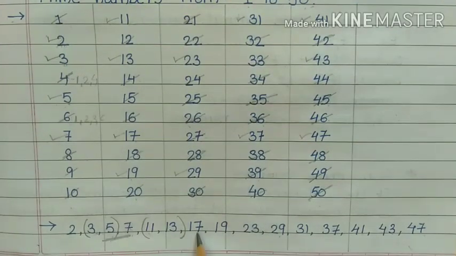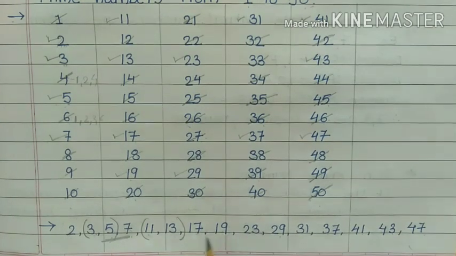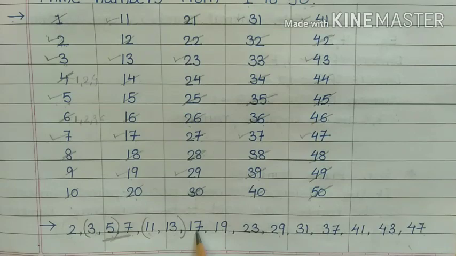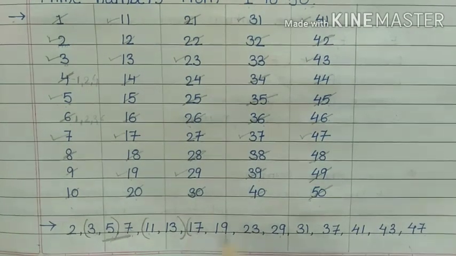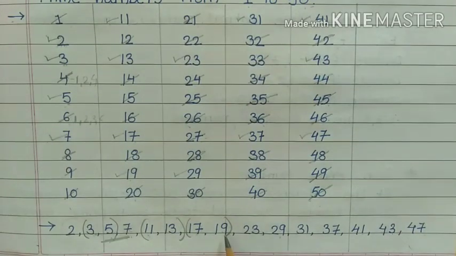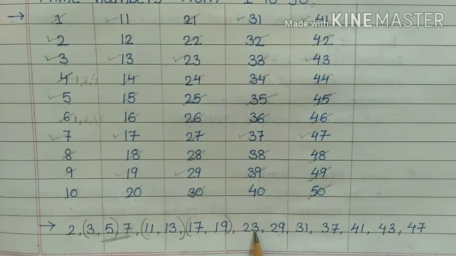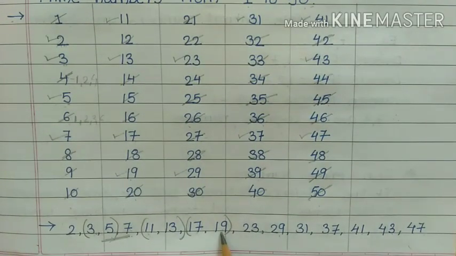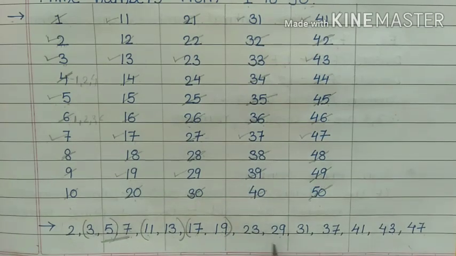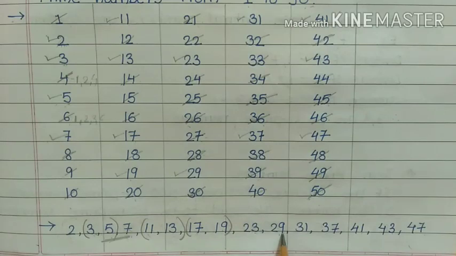13 and 17. 17 minus 13 is 4. No. 17 and 19. 19 minus 17 is 2, yes. It is a pair of twin primes. 19 and 23. 23 minus 19 is 4. No. 23 and 29. It is a difference of 6.